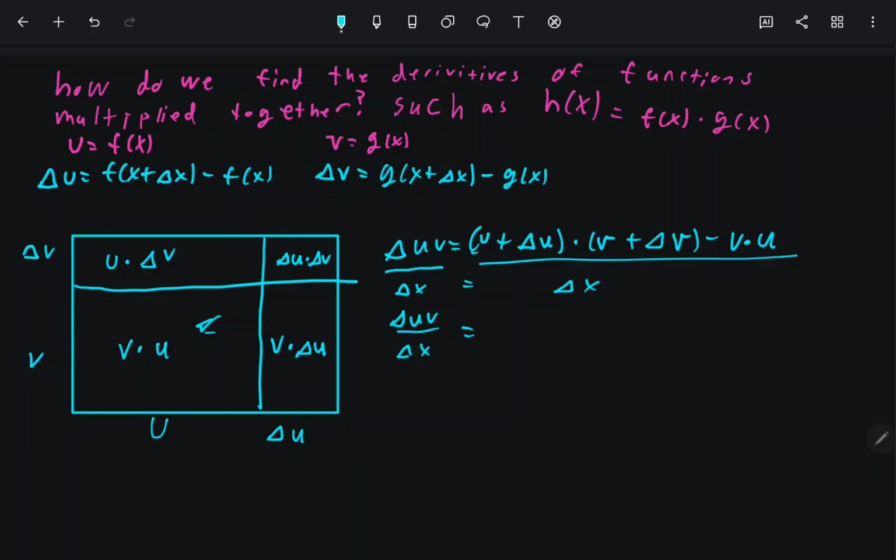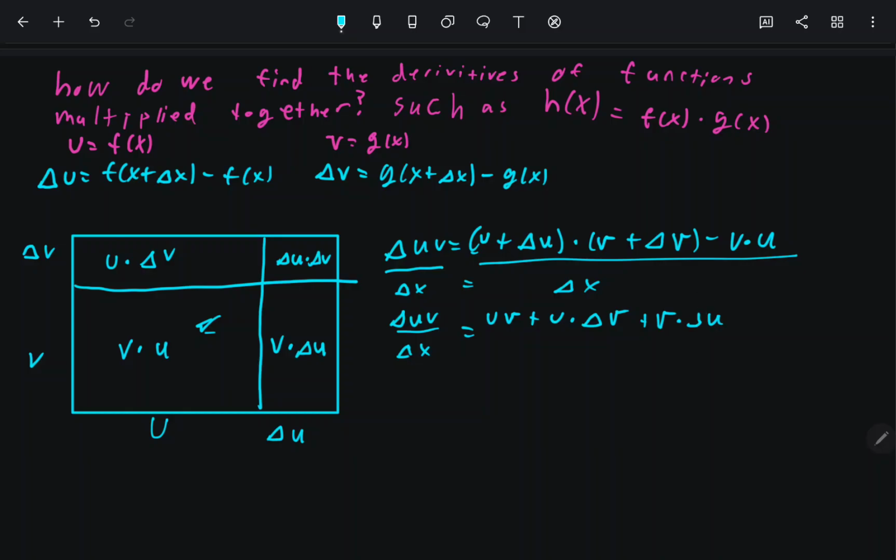So we are going to get uv plus u times the change in v plus v times the change in u.